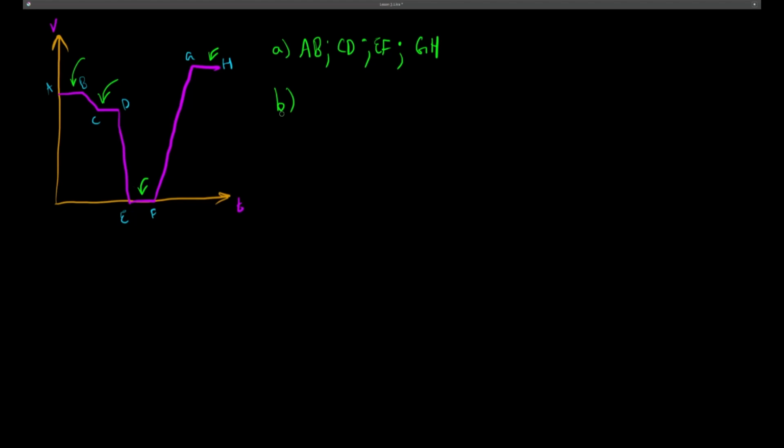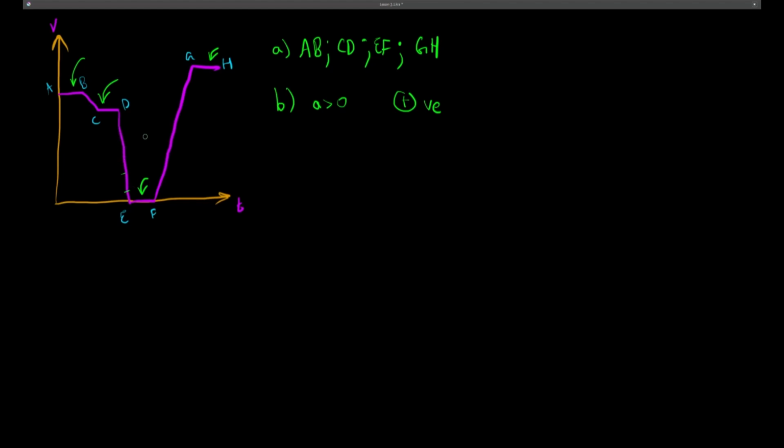Next up, we're going to ask where in this graph is the acceleration greater than 0? Now it's important to note greater than 0, not just that there's acceleration. When is it positive? So positive acceleration. If you remember from the graphs before, as time goes by, velocity is increasing.